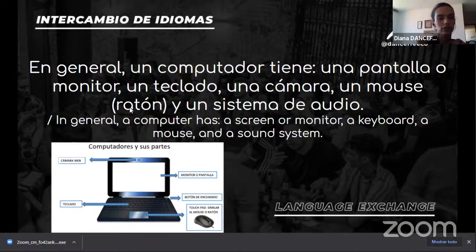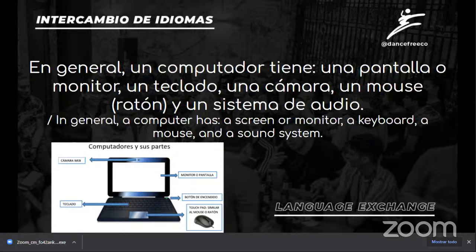In general, a computer has a screen or monitor, and I want to know if you use screen or monitor or both. El keyboard, el teclado, las dos. Sí, Tiffany. Monitor was a little more old school, right? So we used it a little bit more at the beginning of computers.